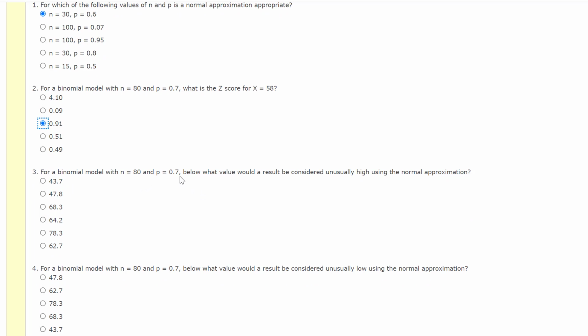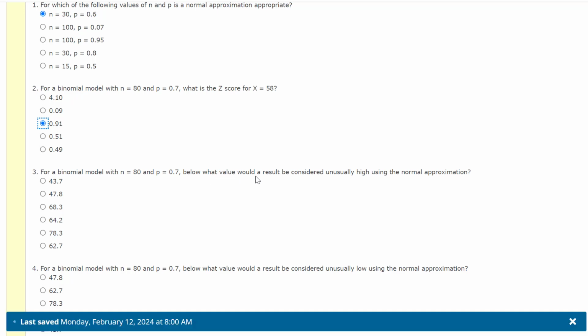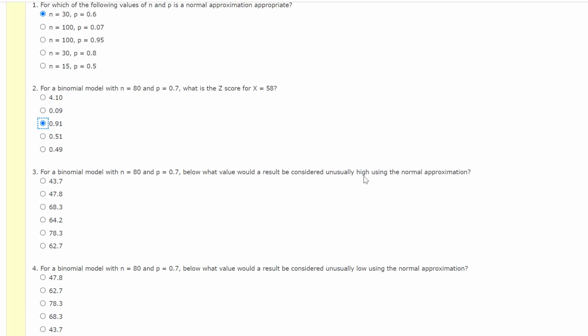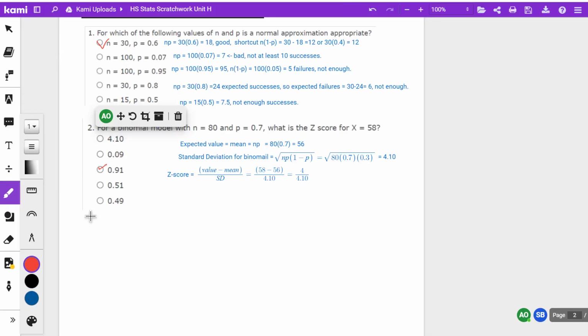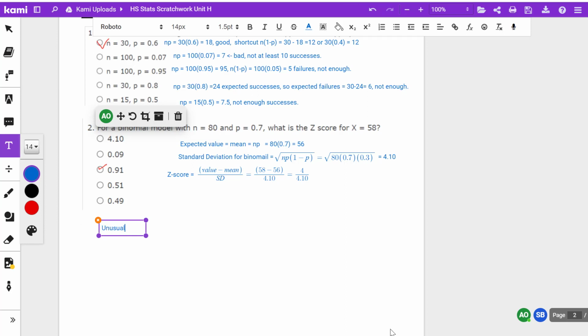For a binomial model with n equals 80 and p equals 0.7, above what value would be considered unusually high? I need to change that to above, by the way. So unusually high is 2 SDs above the mean.